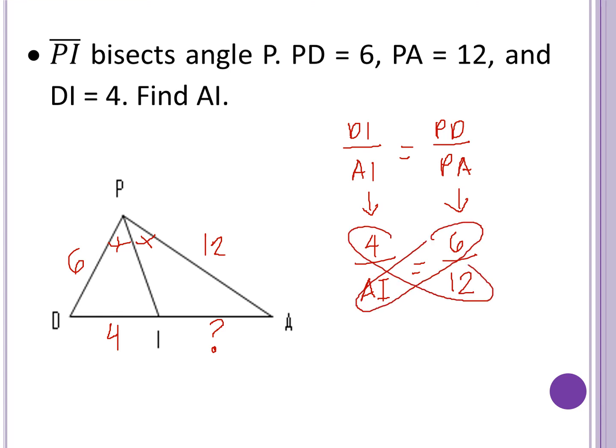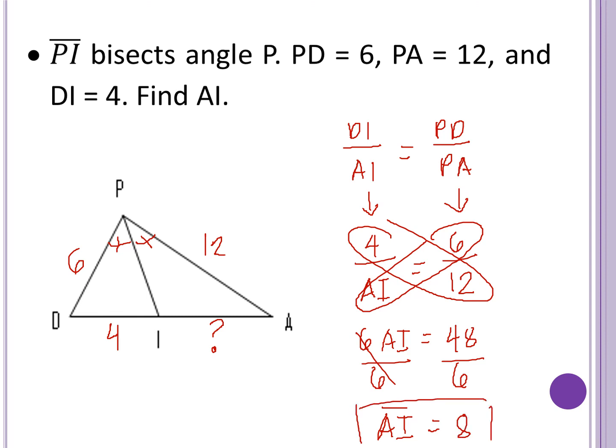Cross multiply, AI times 6 is 6 AI. 4 times 12 is equal to 48. Divide both sides by 6. Therefore, AI is equal to 48 divided by 6 is equal to 8.